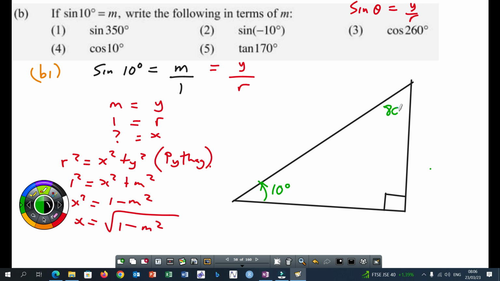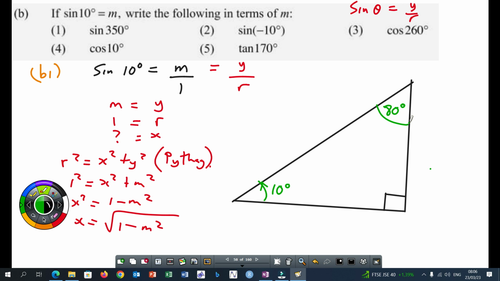Obviously, this will be 80 degrees. As I said yesterday, these two angles are complementary. So you just subtract the one that you are given from 90 degrees, then you get the other one. It's very helpful to get the second acute angle, because you might need it when answering the questions.